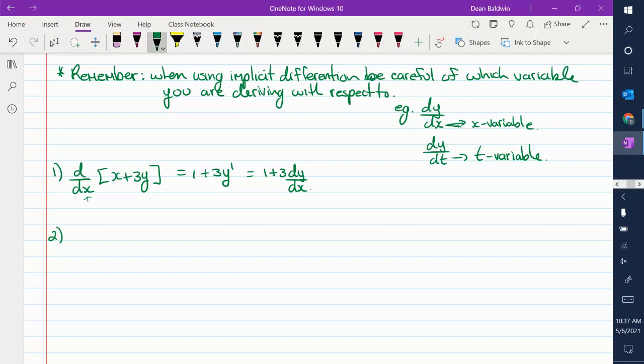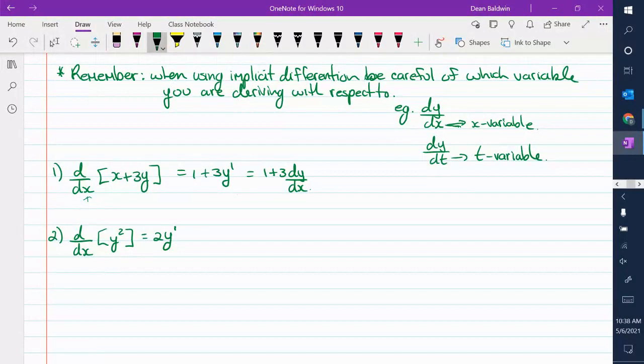So if I said the derivative with respect to x of y squared, do the variables match? No, so we have to use chain rule. Chain rule says, what happens to the 2? The 2 falls down. Put a 1 there. You don't have to put a 1.